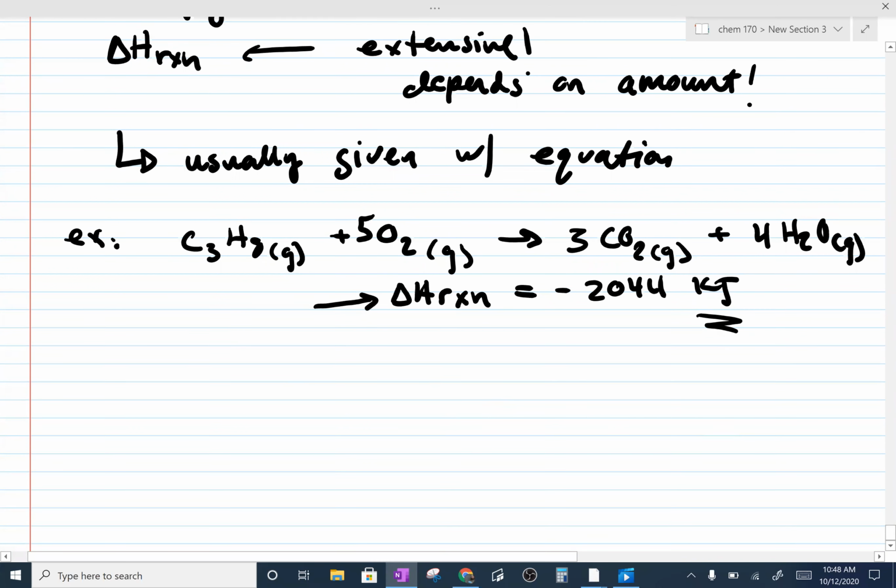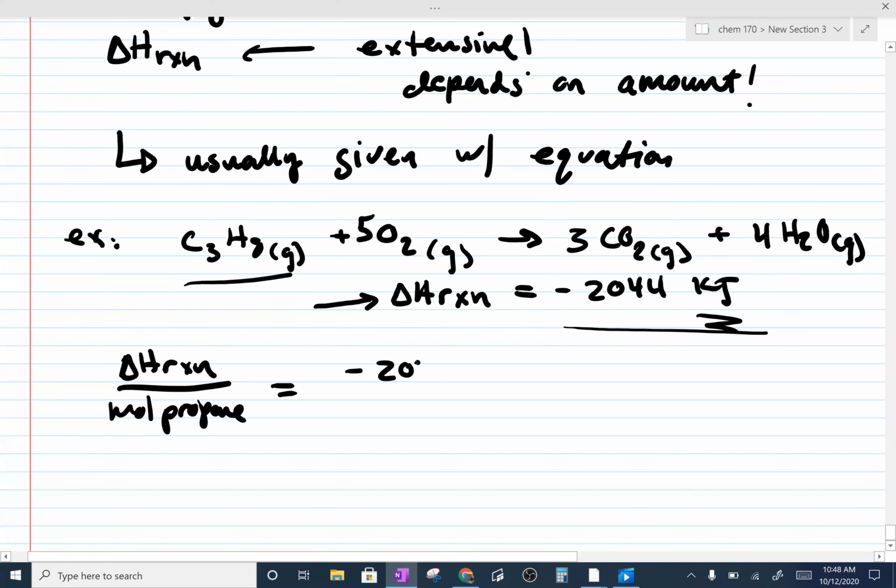What this means is that for this reaction here, if we carry it out exactly as it's written, so if we take 1 mole of propane and we burn it in the presence of exactly 5 moles of oxygen gas, we will get 2044 kilojoules of heat energy out of the system. Okay, so we can write this in terms of per mole. So this is delta H reaction per mole of propane is equal to negative 2044 kilojoules over 1 mole of C3H8.